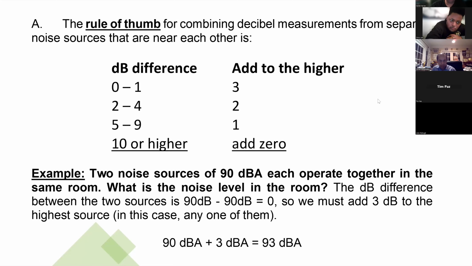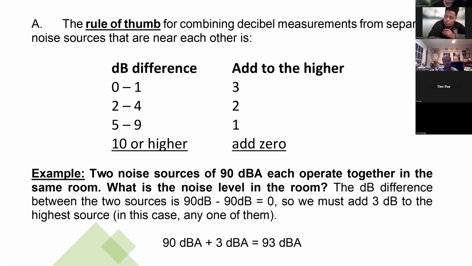So for example, you have two sources and both are 90 decibels. Then you have 90 decibels plus 90 decibels, the difference is 0, so the correct answer will be 93. But you have to remember, this is a rule of thumb. It's not related to the actual equation.